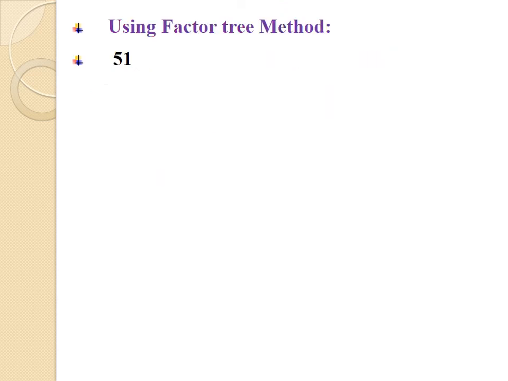Now, sum number 1 by factor tree method. Students, multiplying by which two factors we will get 51? Yes, the answer is multiplying 3 by 17. We get 51.